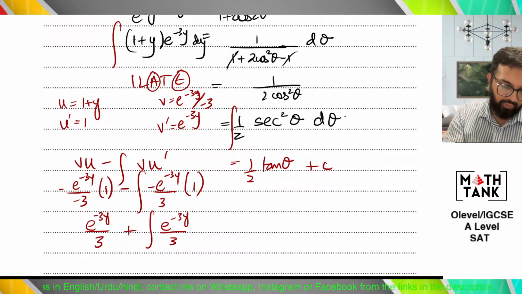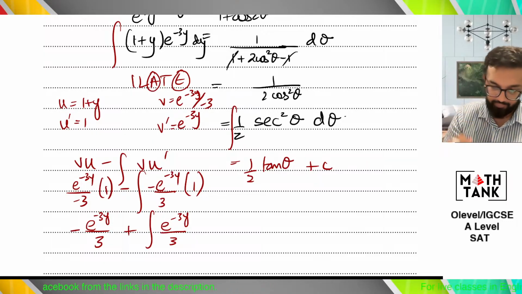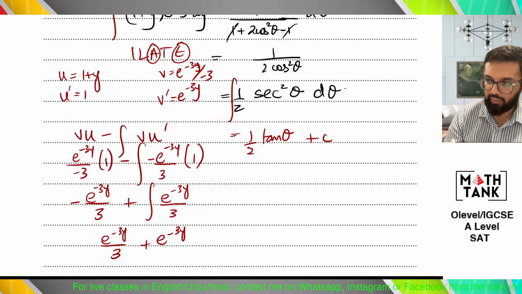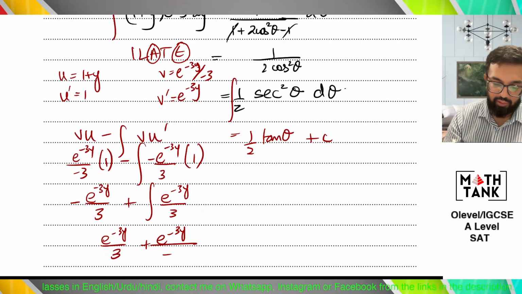I think I've included an extra minus something. That's going to stay. So minus e power minus 3y over 3 plus e power minus 3y over minus 9.